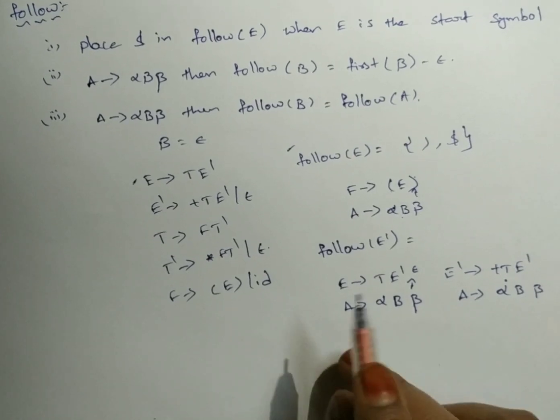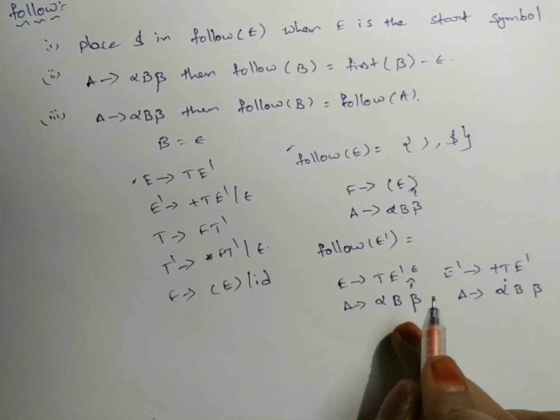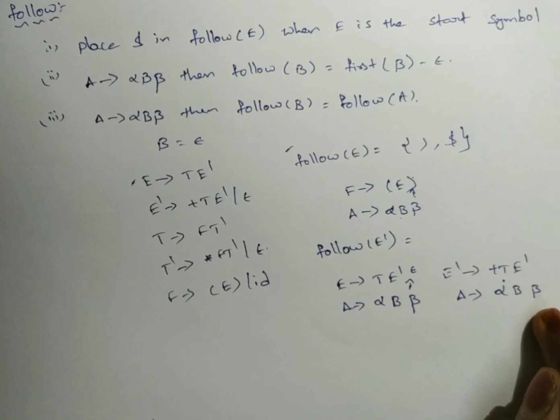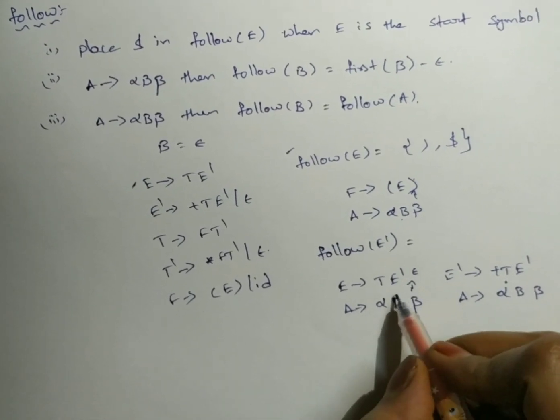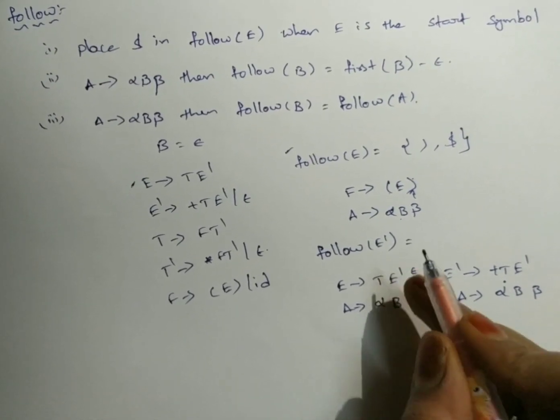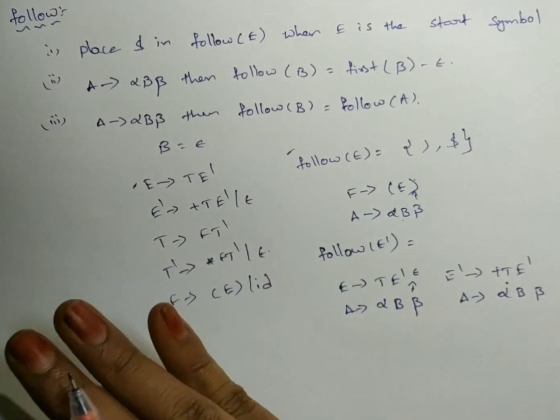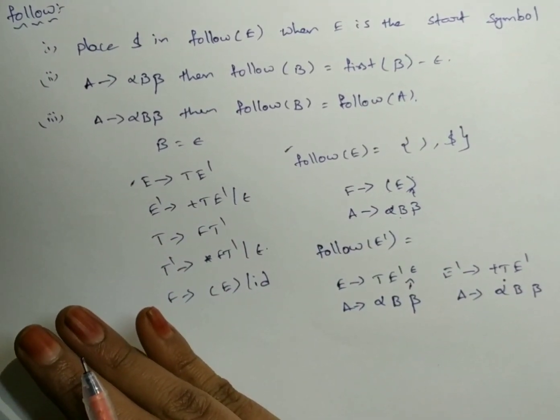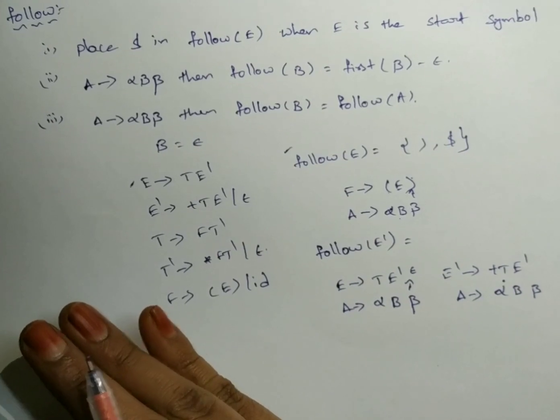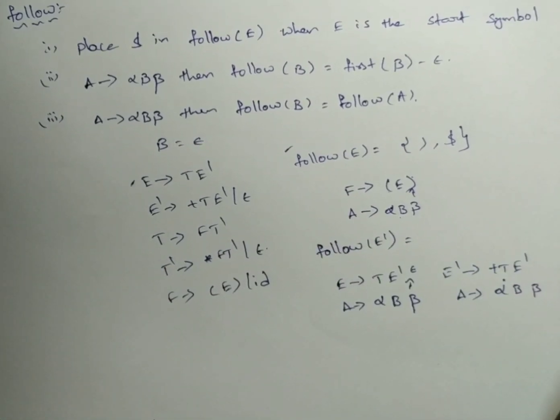See, I am considering the same formula, A derives alpha B beta. Here B represents the value which we are finding the follow of. Alpha represents the leftmost part, and beta represents the rightmost part.